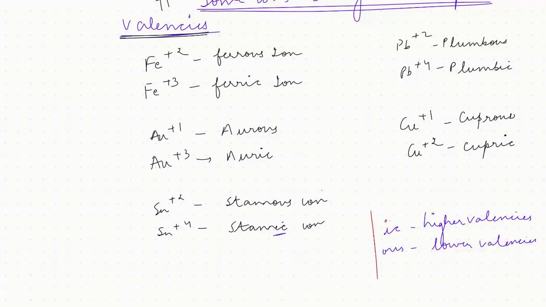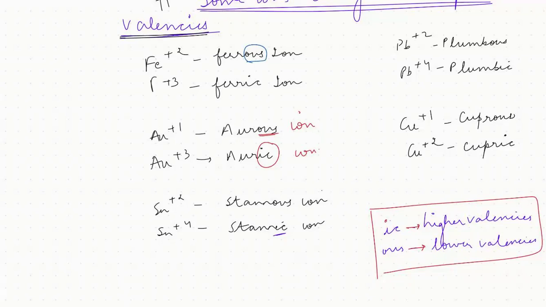This is what you have to understand: ic would represent a higher valency, and us would represent a lower valency. So aurous would be Au plus 1, and auric would be Au plus 3. Fe plus 2 would be ferrous ion, and Fe plus 3 would be ferric ion.